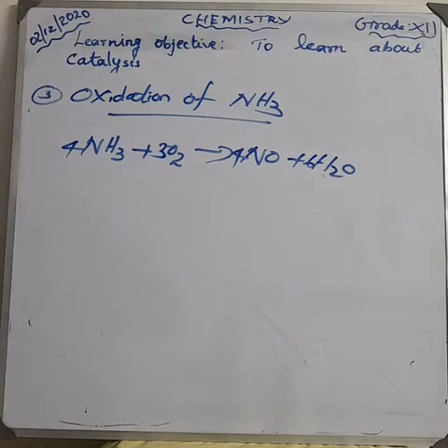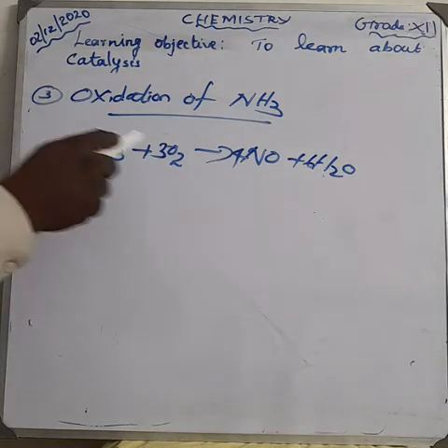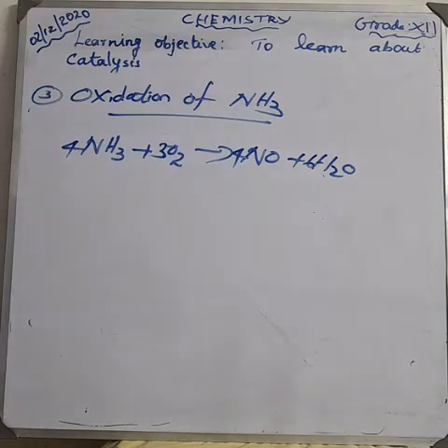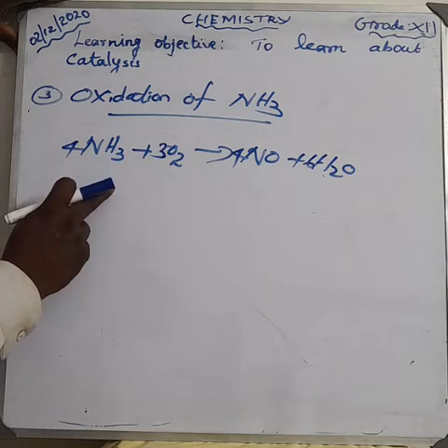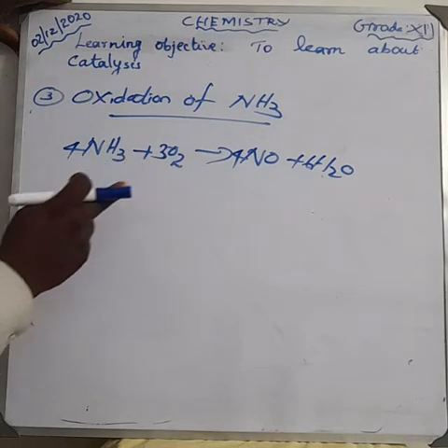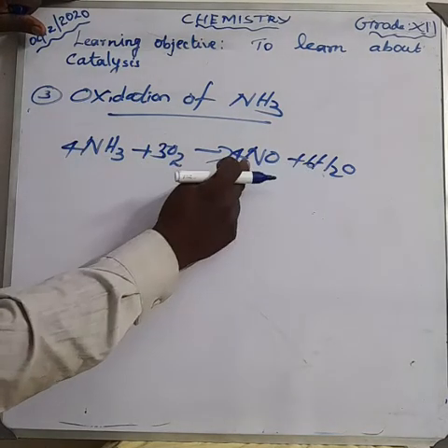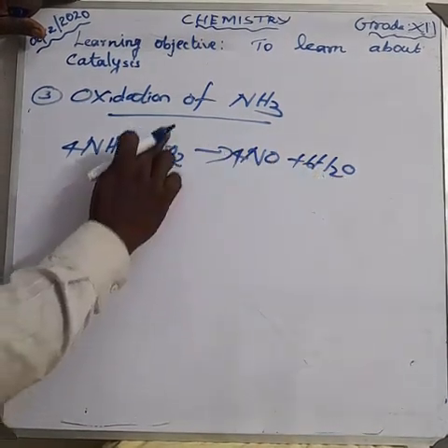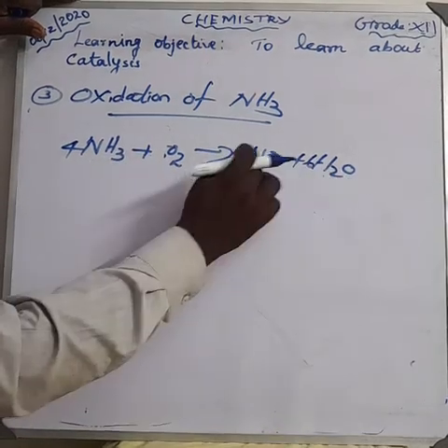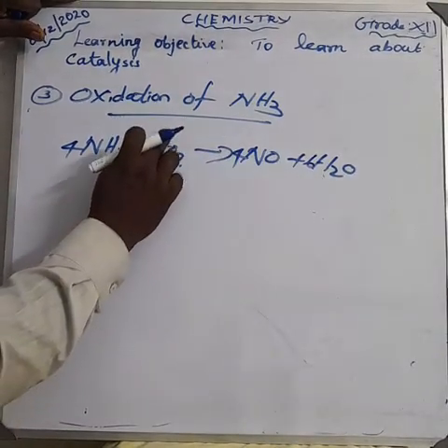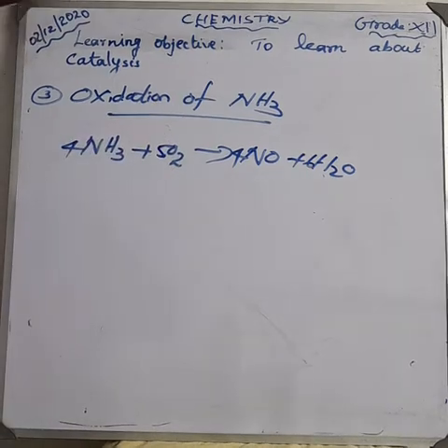Hydrogen: 4 threes are 12. Now the equation is balanced. So 3 oxygen, 6 plus 4. Here I have 6, here I have 4, so make it 5. Now oxygen is balanced.